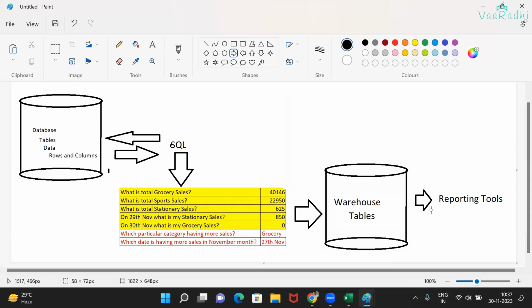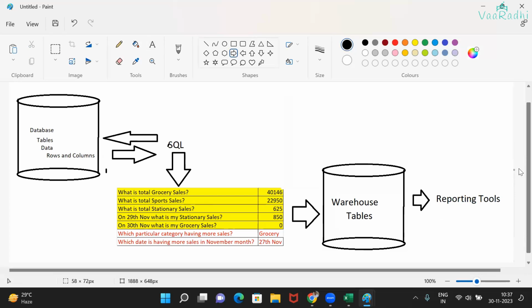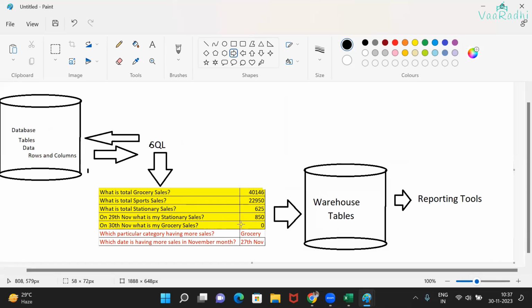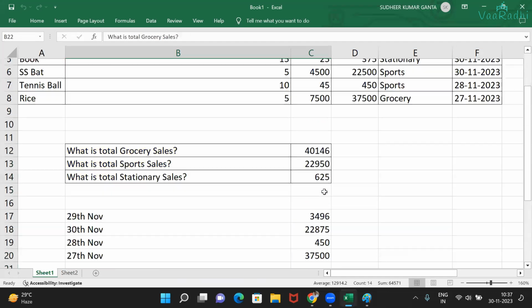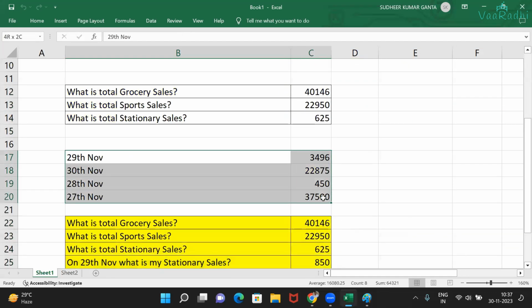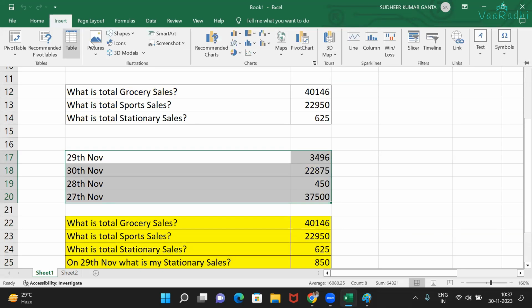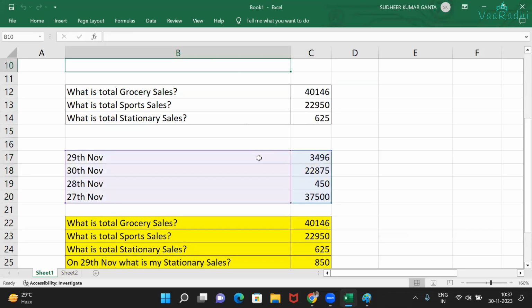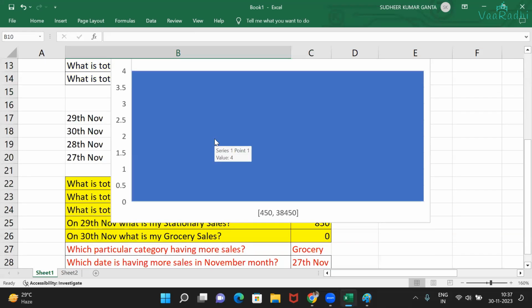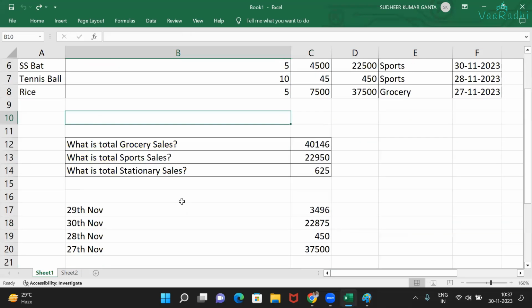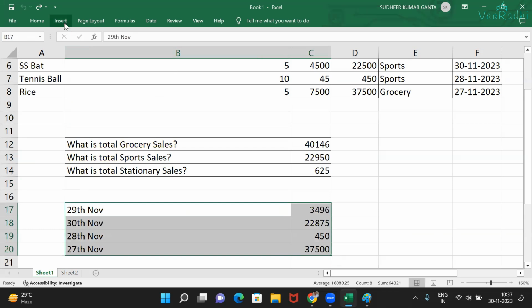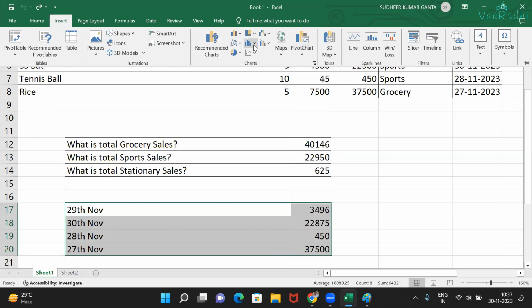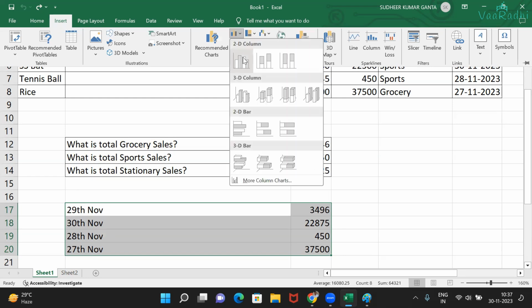Reporting tools will use data available in our warehouse and present it to the business or end users in a visual form instead of text data. See here, if I select this and insert a graph this way, two columns.